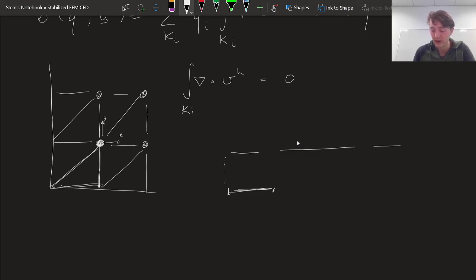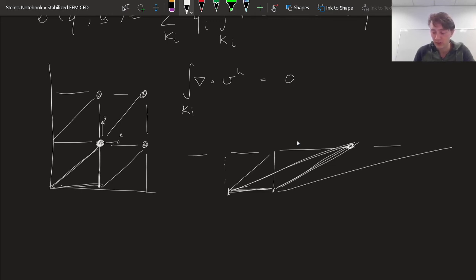So it doesn't matter where exactly on that height I put my node. The total volume of that triangle is always going to be the same, whether it's this or this or this. Each one of these is going to have the same volume.